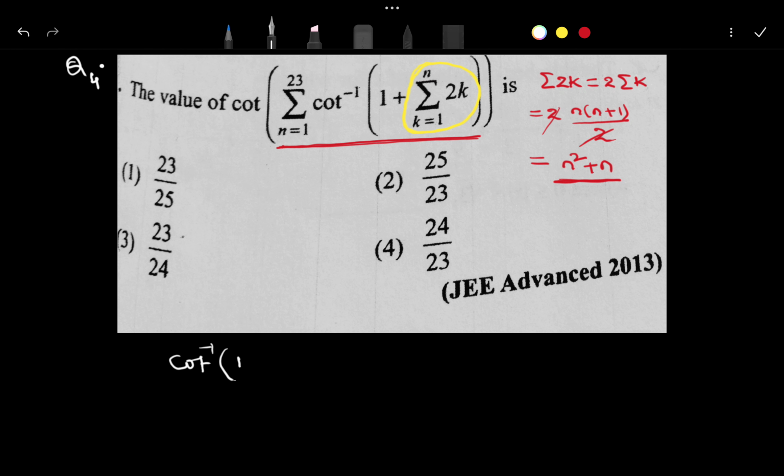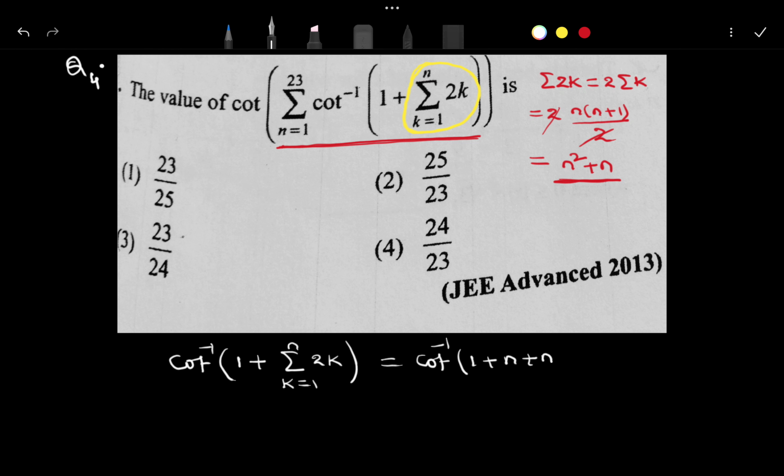So you replace this value here, that is equal to cot inverse of 1 plus n square plus n.